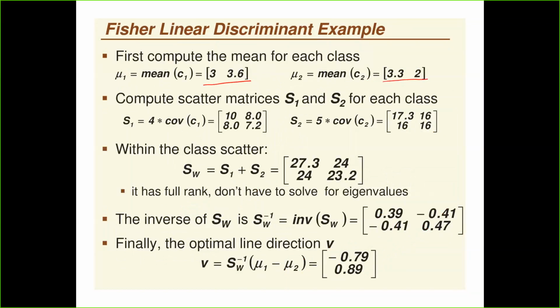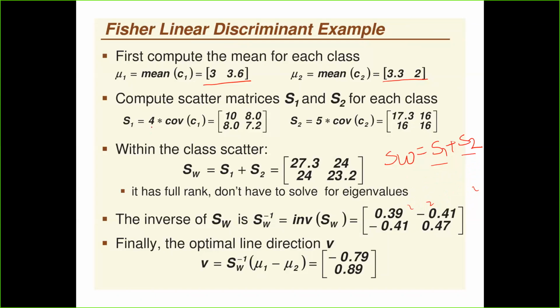Now, what else do we need? We need SW. SW is equivalent to S1 plus S2, scatter 1 plus scatter 2. Scatter 1 is (N1 minus 1) times the covariance of class 1, and scatter 2 is (N2 minus 1) times the covariance of class 2. So that is what is computed here.